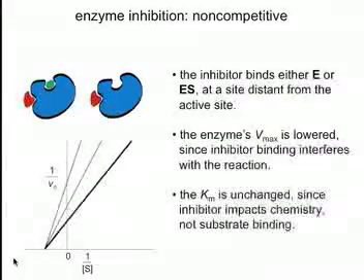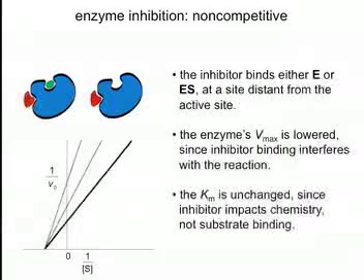Finally, non-competitive. This again is maybe the extreme version here, whereas your book might describe more of a mixed inhibition, that is some combination of non-competitive and uncompetitive. In this case, we're binding to either the ES complex, note the green substrate there, or to the free, unbound protein, probably at a site that's distant from the active site, more or less. The enzyme's Vmax is lowered.